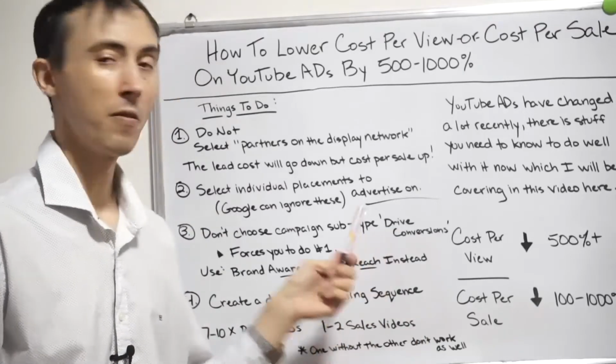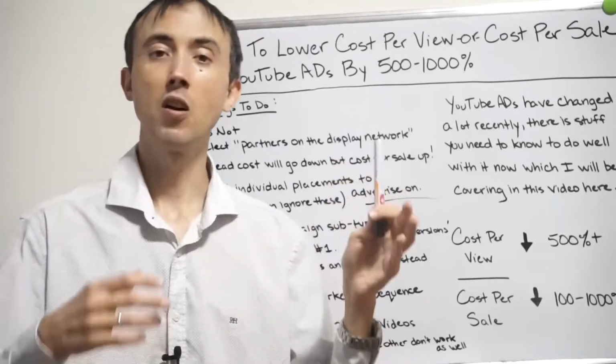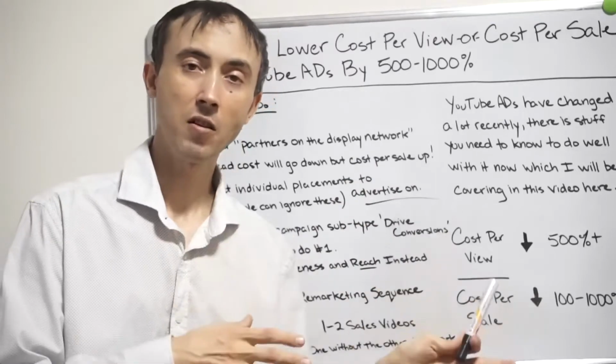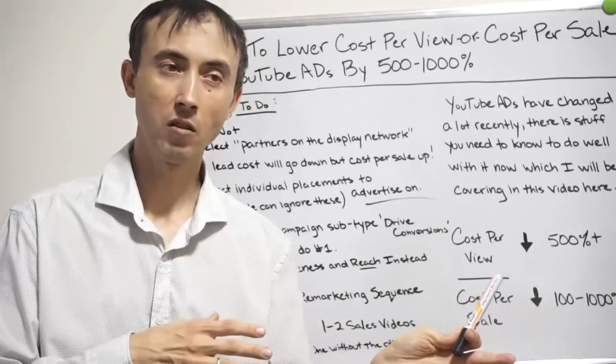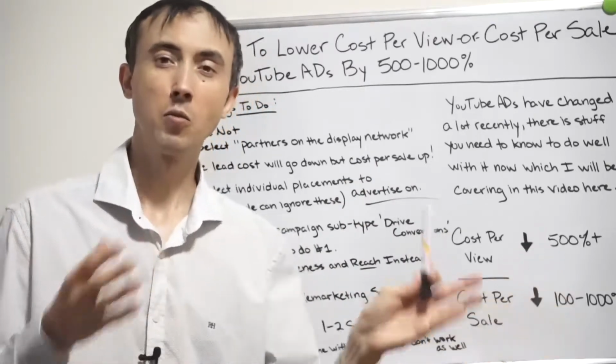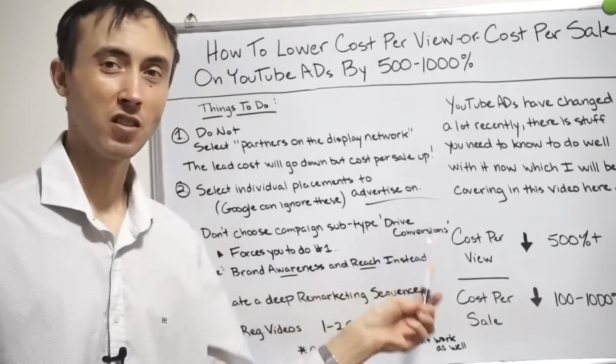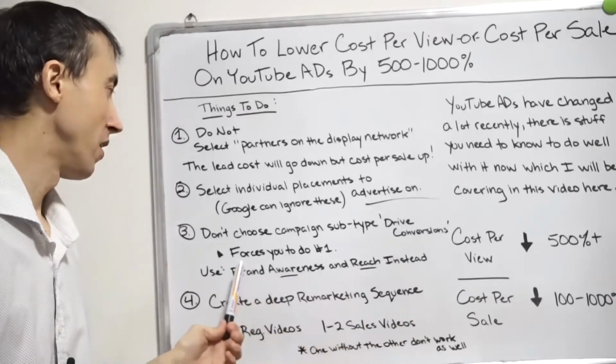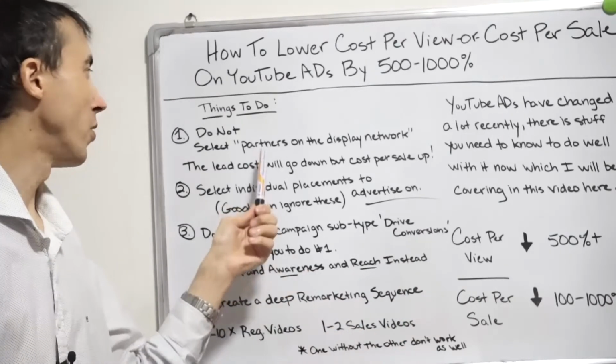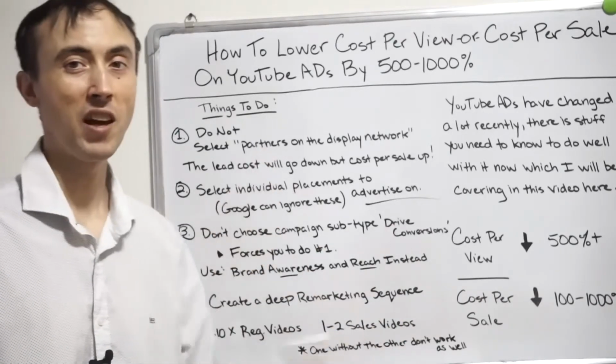Don't choose drive conversions, even though you want conversions, and these other options are seemingly for just brand awareness. The reason is, and very few people are talking about this, by the way, it forces you to do number 1, which is to have partners on the display network.